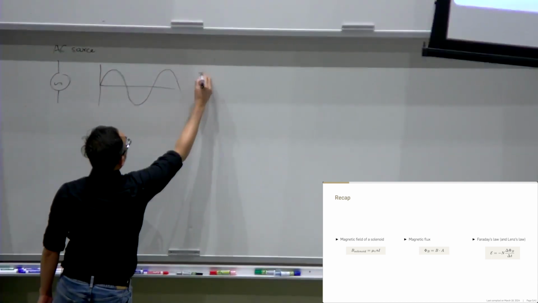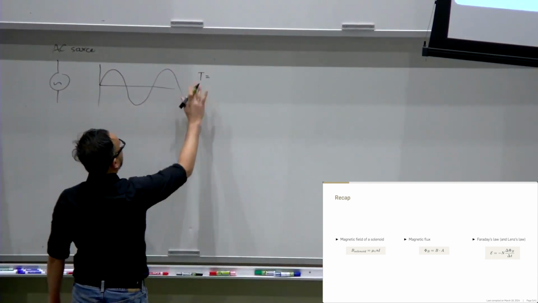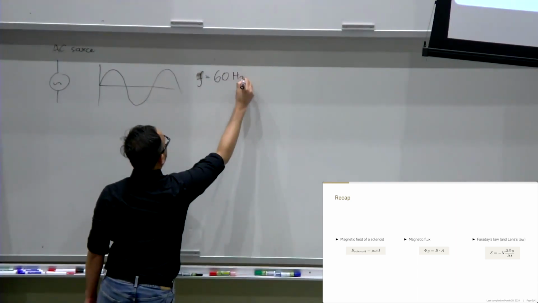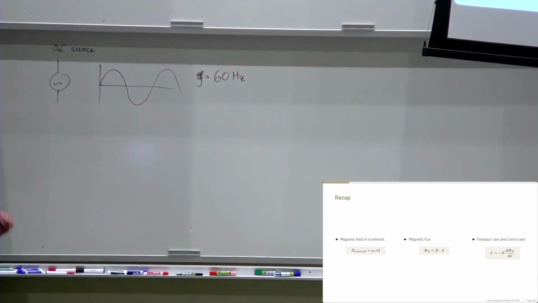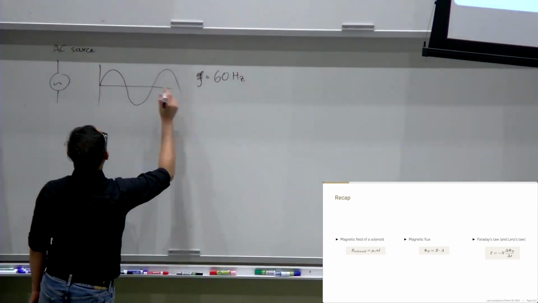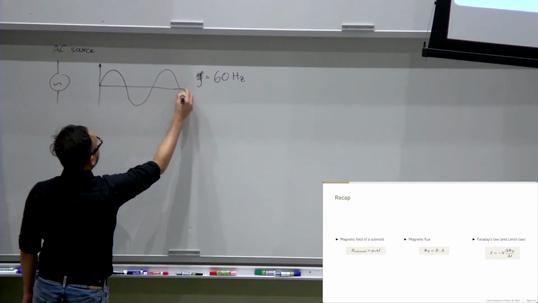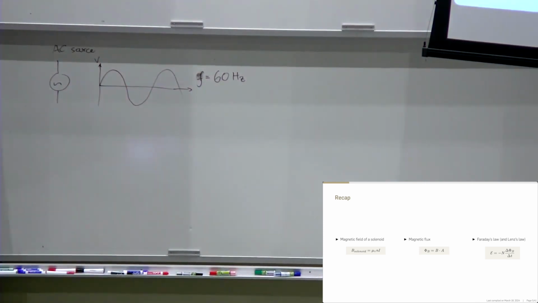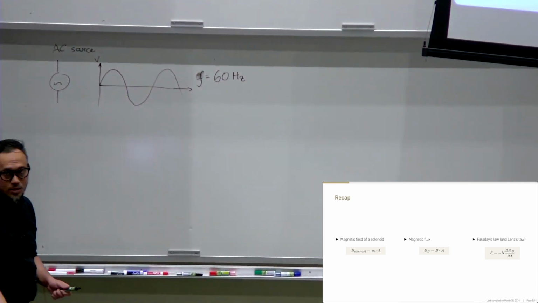And you don't need to memorize this. The frequency in the US is 60 hertz, I believe. In some countries, it's 50, but in the US, it's 60 volts, 60 hertz. And this is either the voltage or the current. Okay. Any questions?